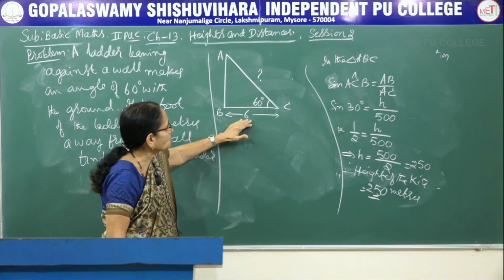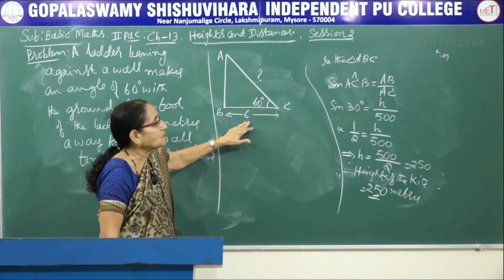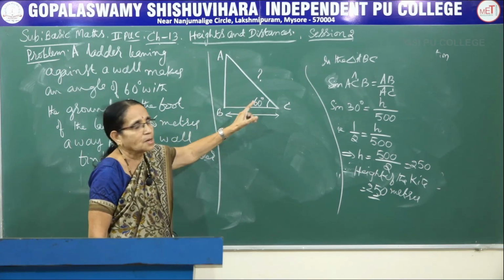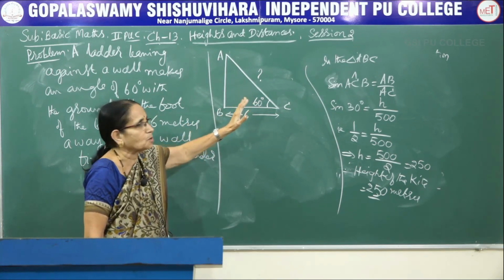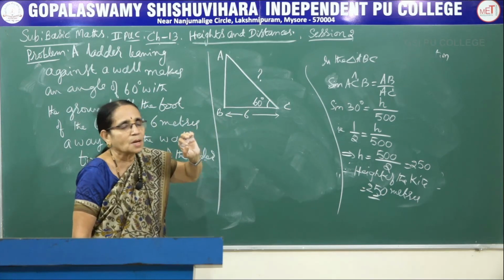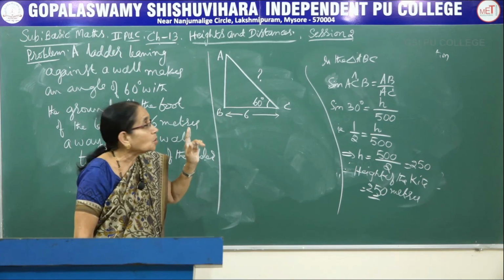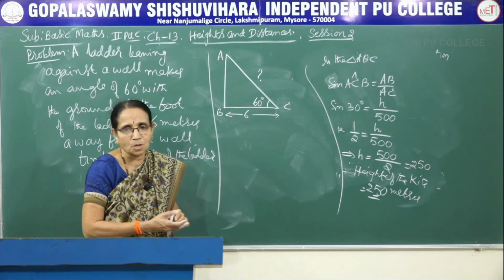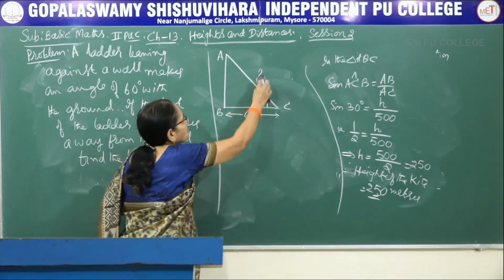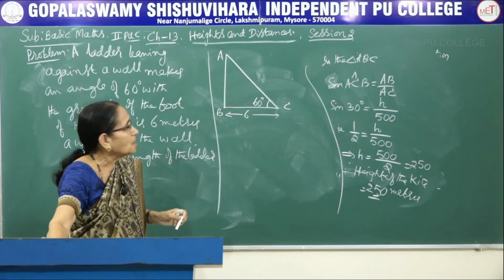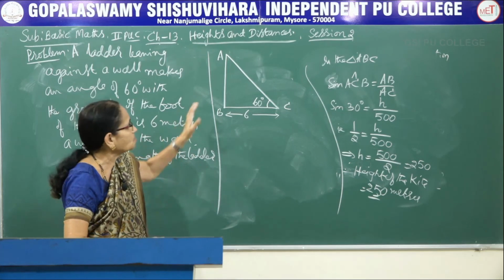So for this angle, BC is the adjacent side and we have to calculate AC, which is the hypotenuse. Which ratio connects the adjacent and the hypotenuse? It is the cosine ratio. You can take the unknown as L or X or whatever it may be. Now we need the distance AC.